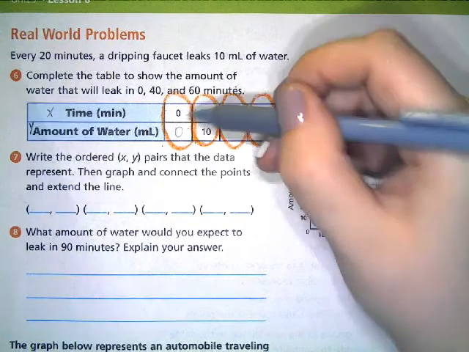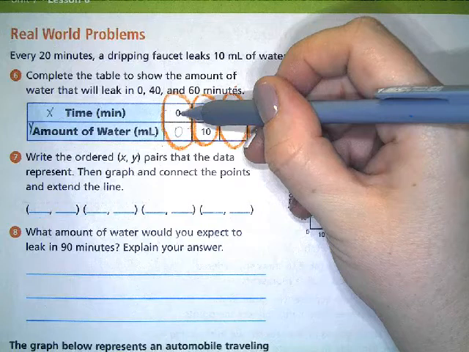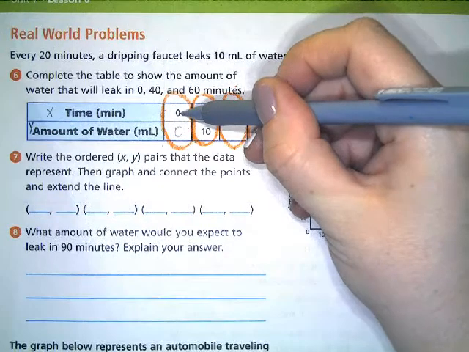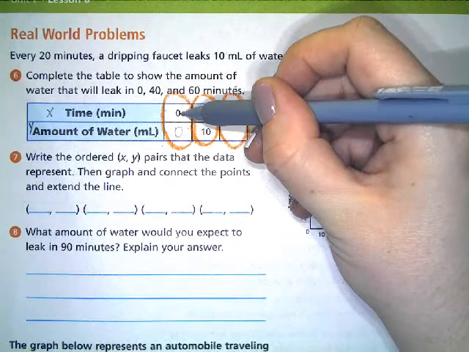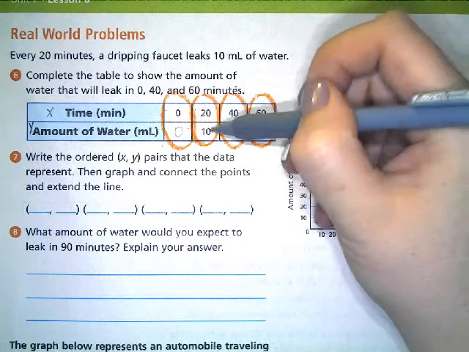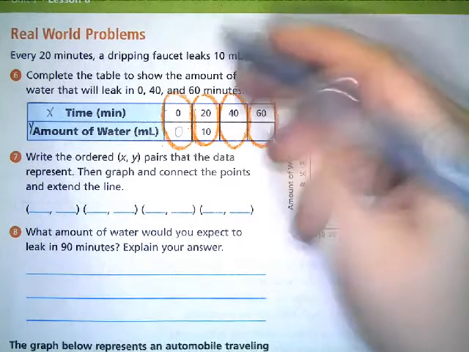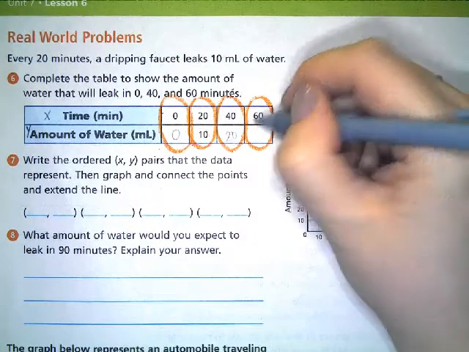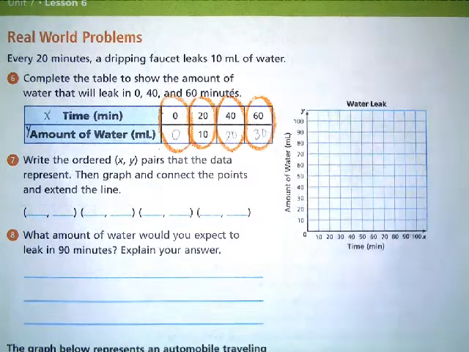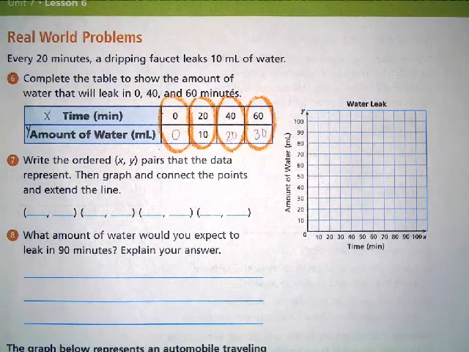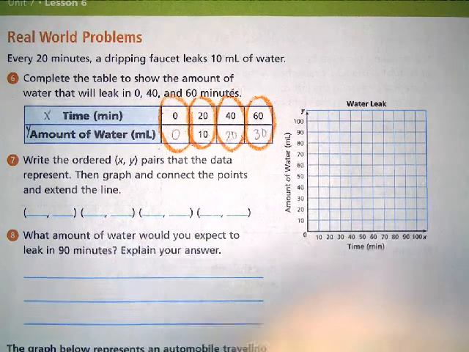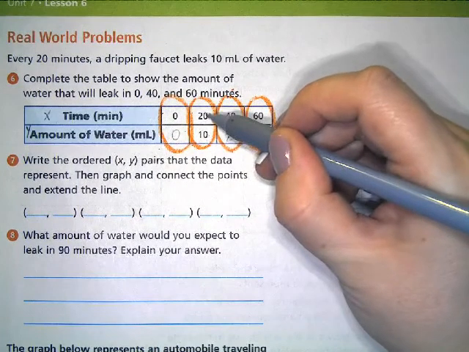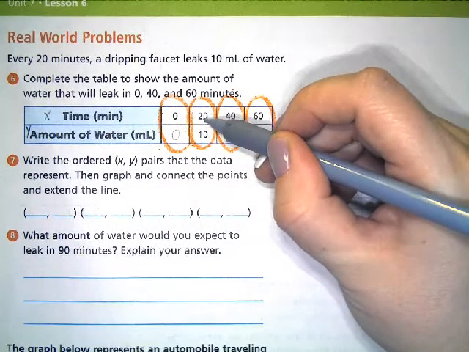I put in 20 and I got out 10. So it can't be minus 10. What's the other relationship? It's divided by 2. What if I take 0 and divide it by 2? What do I get? 0. So that rule worked. 20 divided by 2 is 10. 40 divided by 2 is 20. 60 divided by 2 is 30.